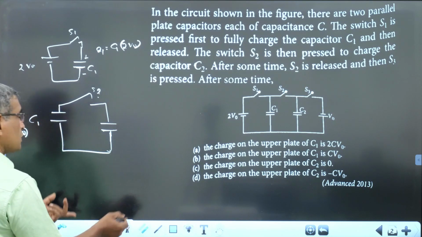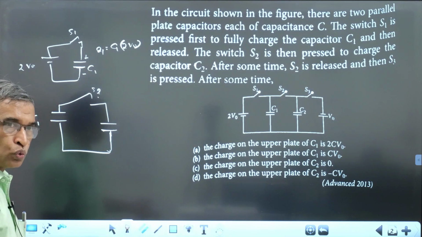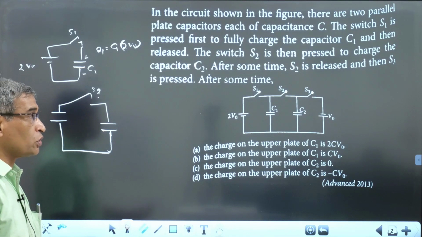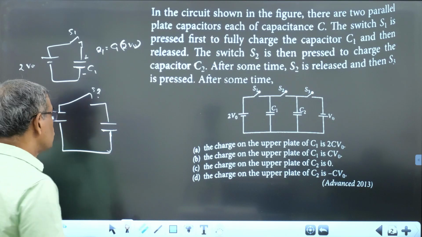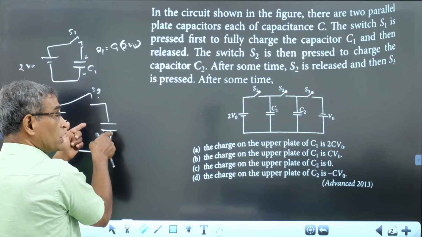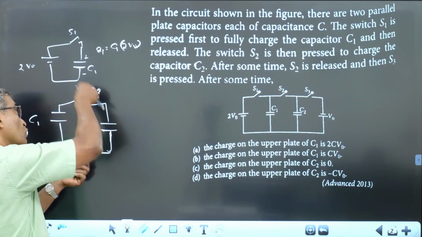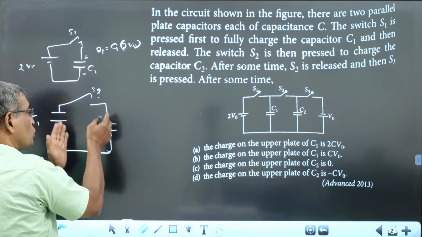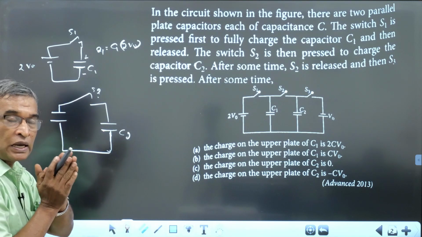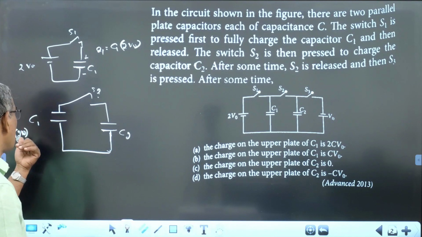After charging, we release S2. On releasing S2, C2 is isolated with the shared charge within it. How much is the charge? Half of it.